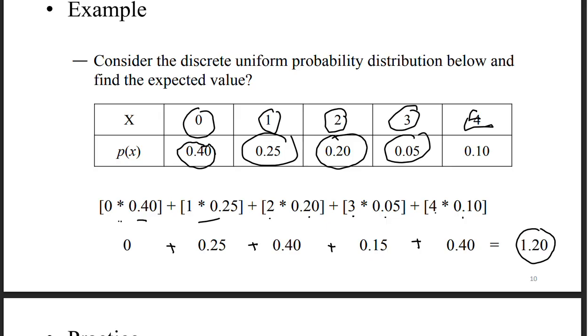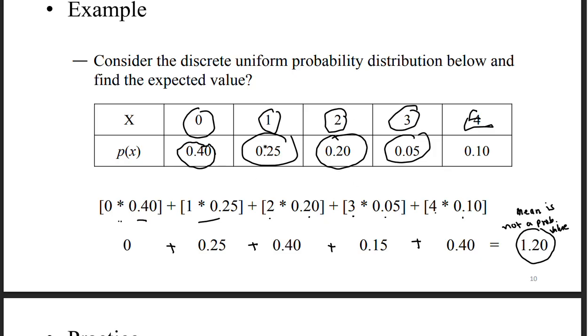Now, note very important here that the mean of a discrete uniform probability distribution is not a probability value. What we are looking at here is the average number of credit cards that we can determine based on this distribution.